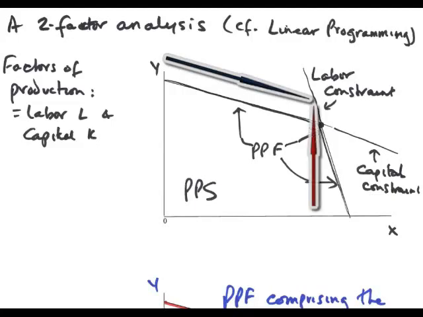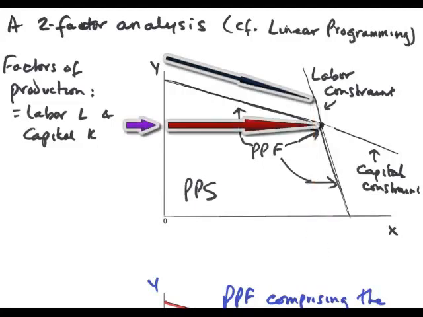At the intersection, if I can exaggerate it a little, you would see that the intersection would occur somewhere here, and if it does, it would mean that rather than producing this quantity of X, we're now going to produce a lower quantity of X. Rather than producing this quantity of Y on the vertical axis, we're producing a larger quantity of Y. Again, notice that when we have more capital in this economy, we would have more of good Y being produced and less of good X being produced.